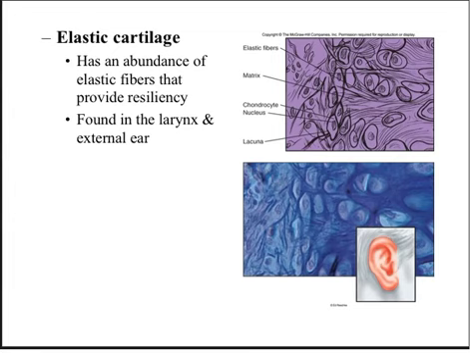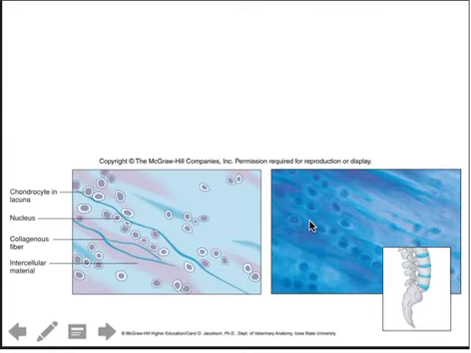It has the ability, again, to stretch and snap back. You can see the elastic fibers here in the diagram, in the picture above and also in the stained section below. You can see them radiating throughout the matrix. The major protein there is something called elastin.